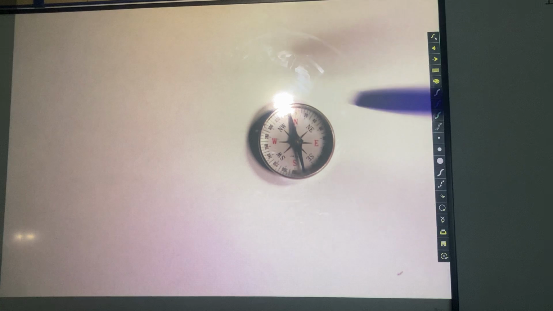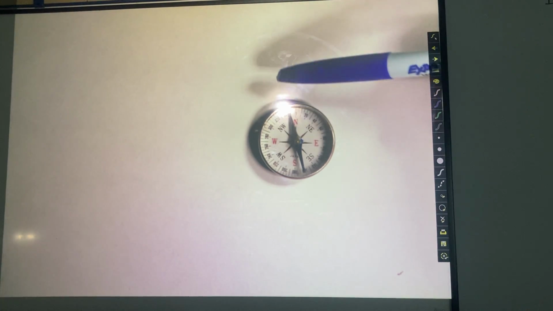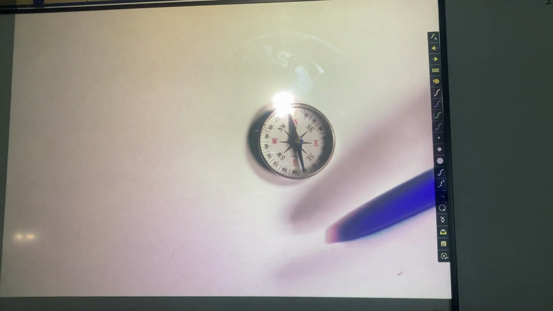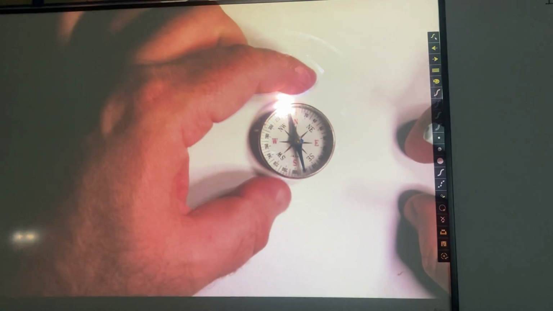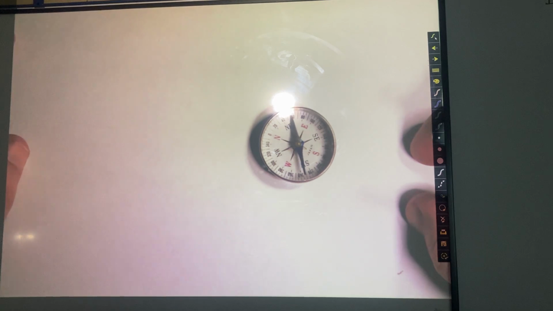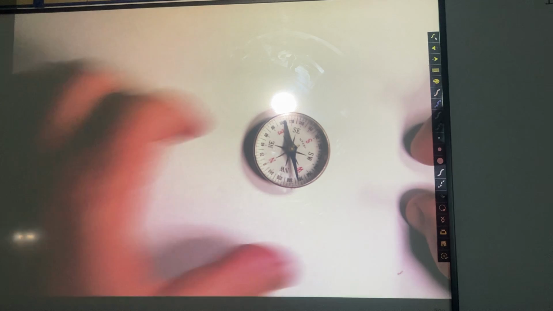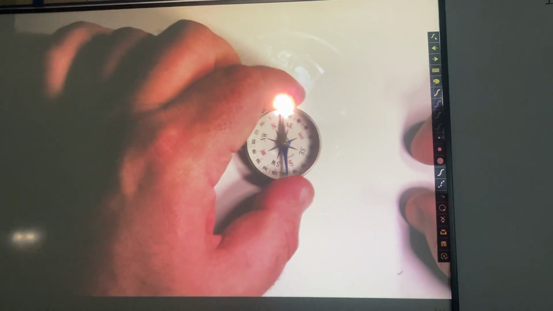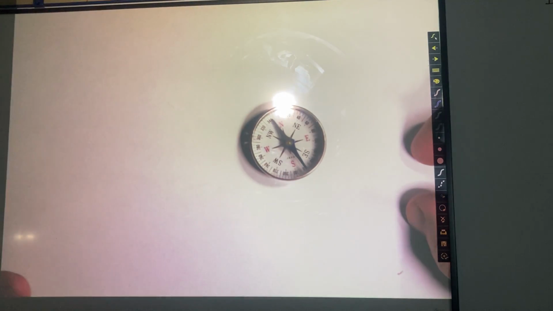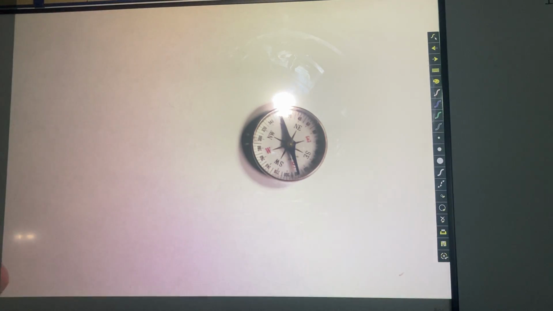This side of the needle is going to point towards magnetic north, and this side points to magnetic south. If I turn it like this, it's still pointing the same way. No matter how much I rotate the compass, it's still pointing the same way. It's lining up with the Earth's magnetic poles, so that way's north and this way's south.